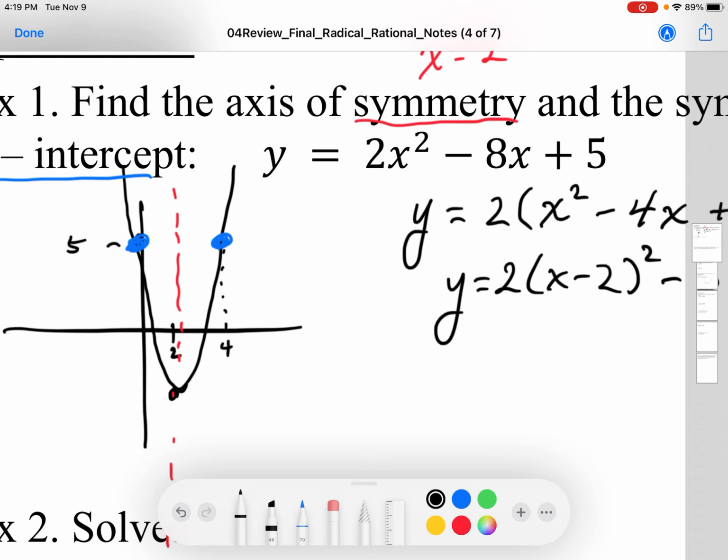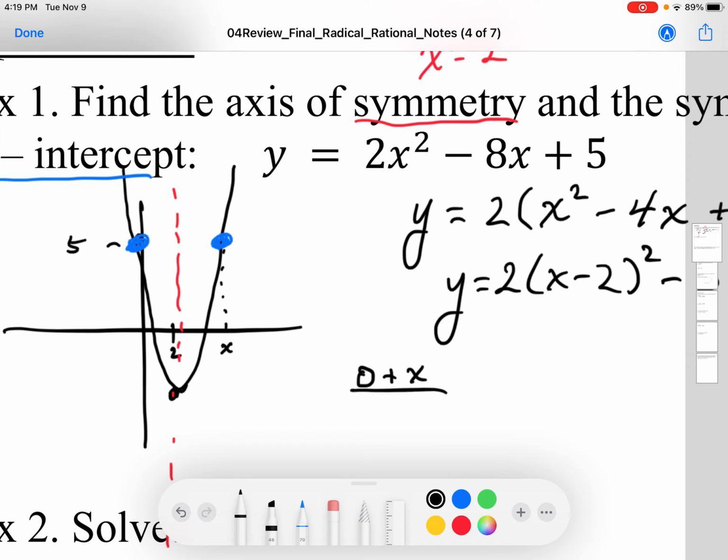We can do this another way, and let's say we don't know that. We'll call that x, and we can use the midpoint formula. The middle between the y-intercept and the symmetrical point, the average of that will get us to the middle coordinate. So I'm just going to highlight that.